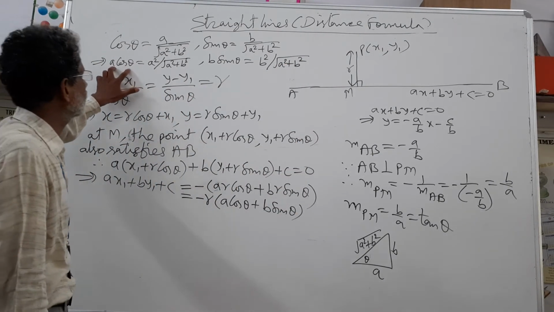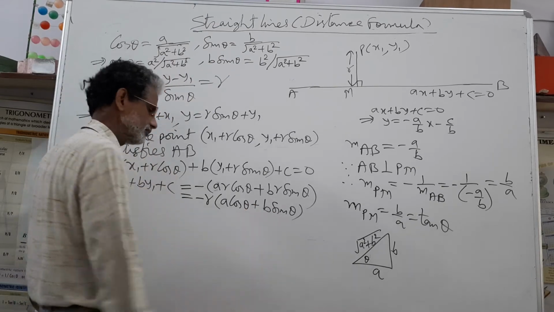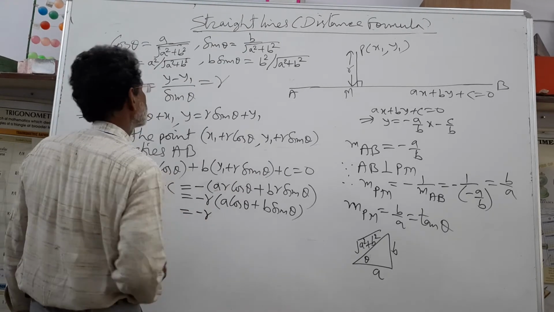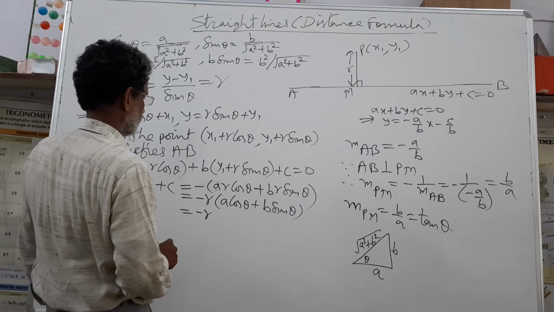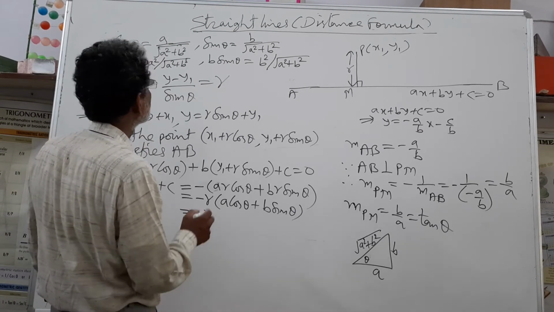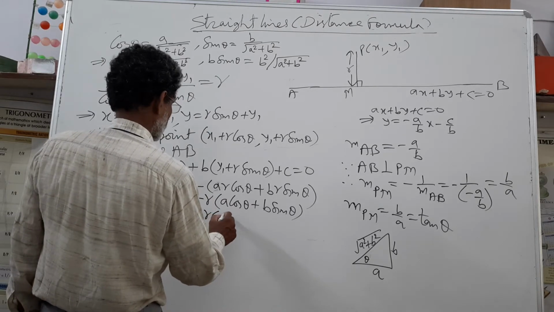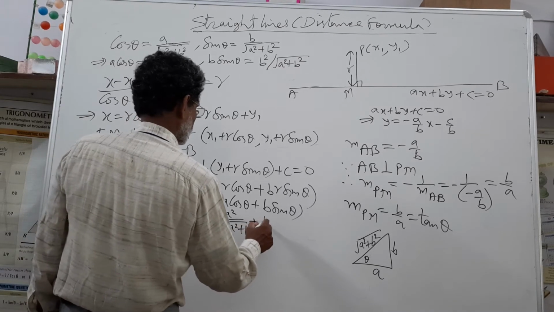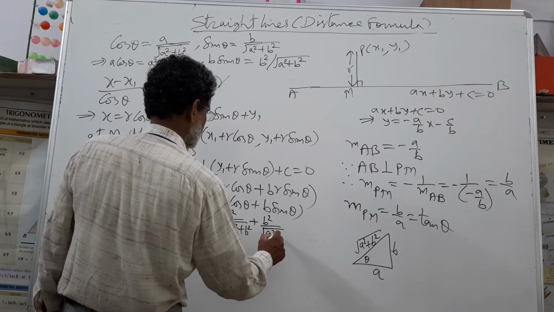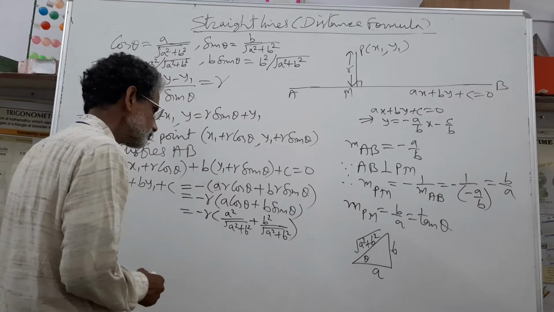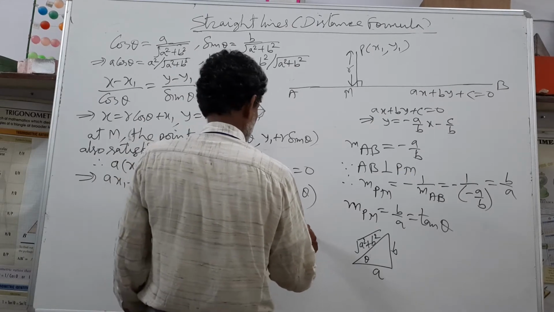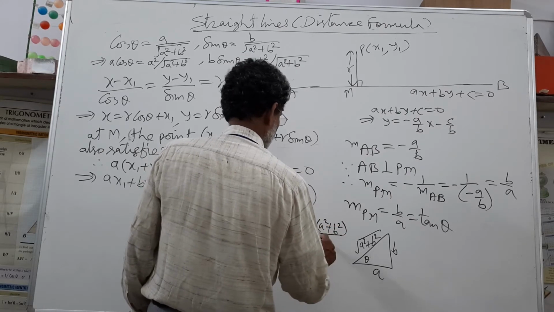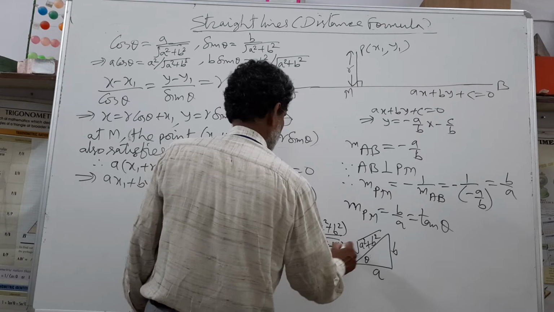Put the values of A cos theta and B sin theta here. This becomes equal to minus r into (A square upon under root A square plus B square plus B square upon under root A square plus B square), which is equal to minus r (A square plus B square) upon under root A square plus B square.